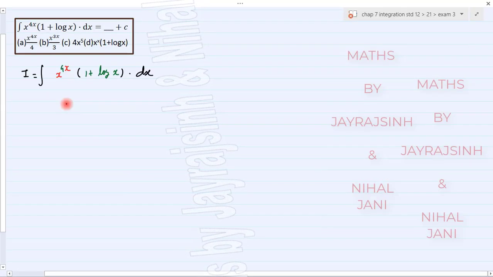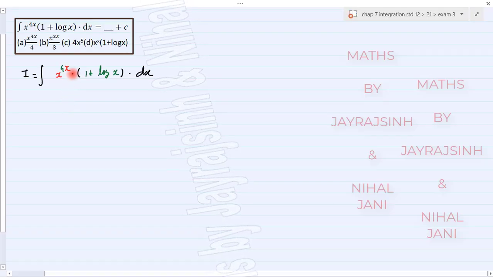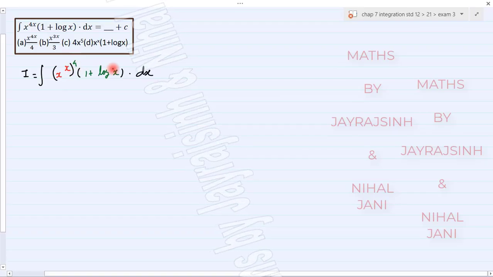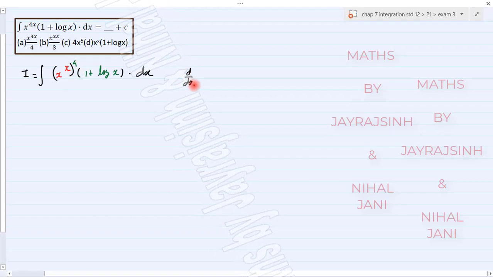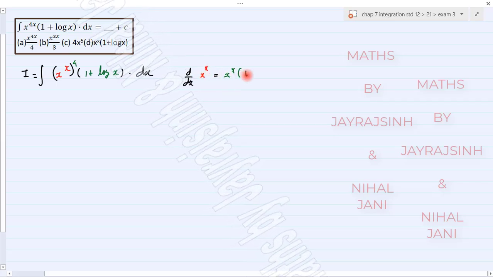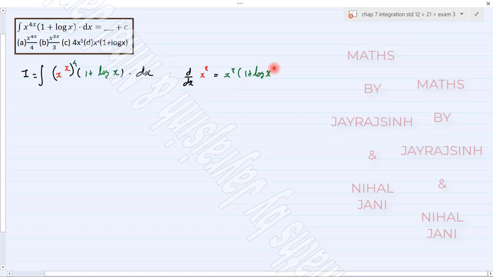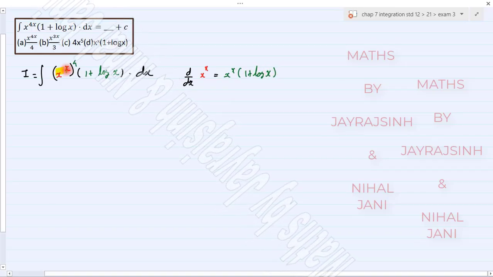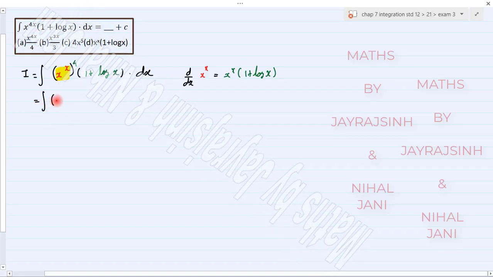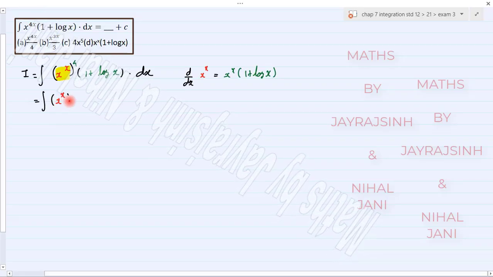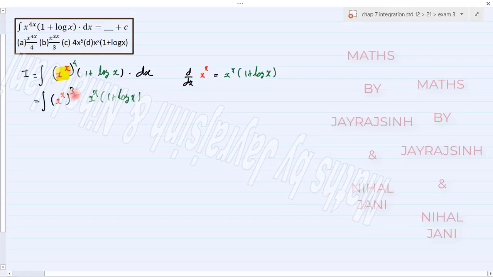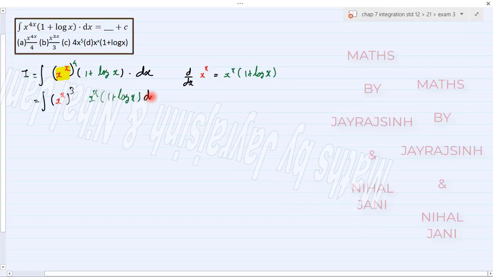Here we have to integrate x raised to 4x, or we can say we have x raised to x, raised to 4. We know that the differentiation of x raised to x is simply x raised to x into 1 plus log x. We have 1 plus log x, so just take 1 power of x raised to x within the multiplication of 1 plus log x. So here we'll get 3 power of x raised to x dx.